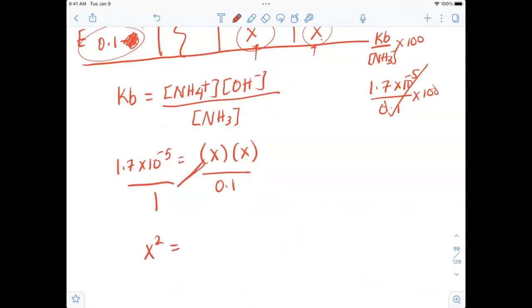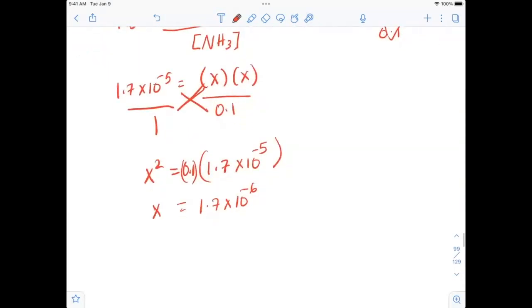I end up with x squared equal to 1.7 times 10 to the negative 5 times 0.1, which is 1.7 times 10 to the negative 6. It's going to be x squared. So, of course, x is the square root of 1.7 times 10 to the negative 6.